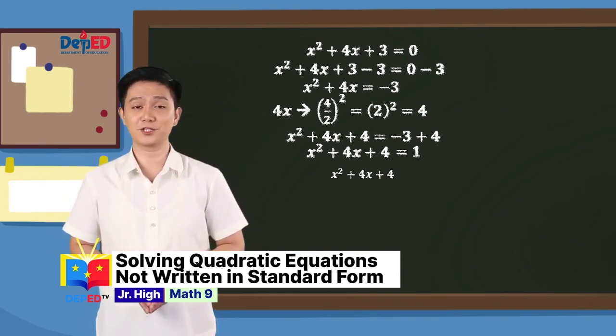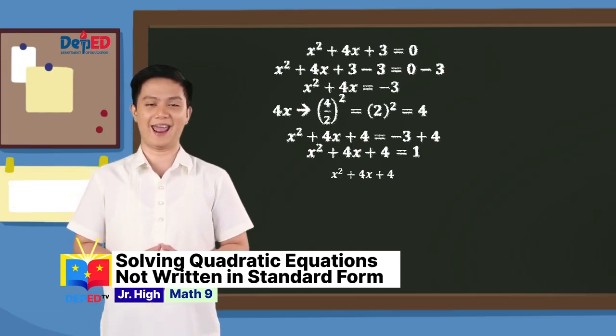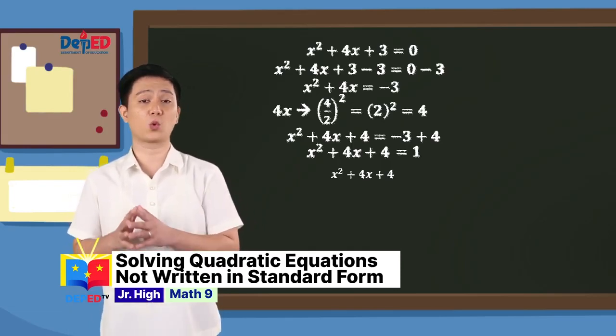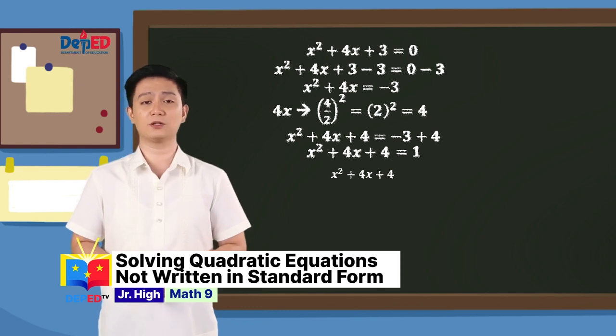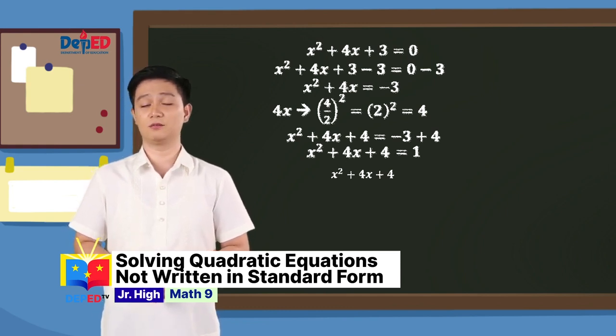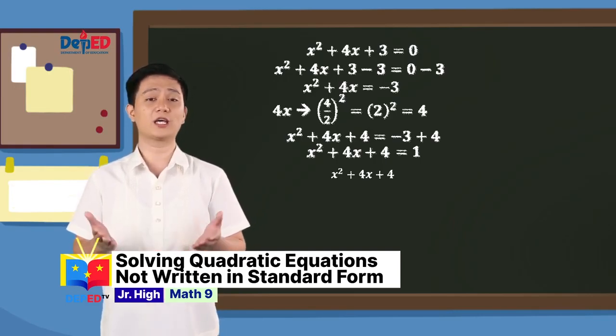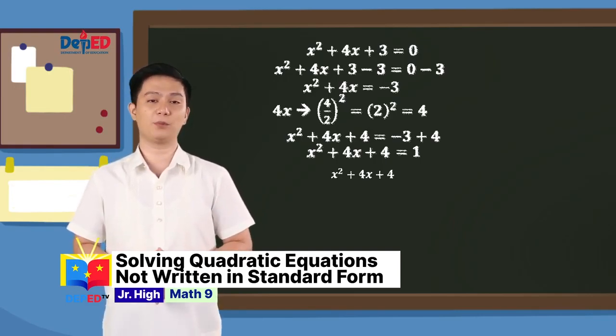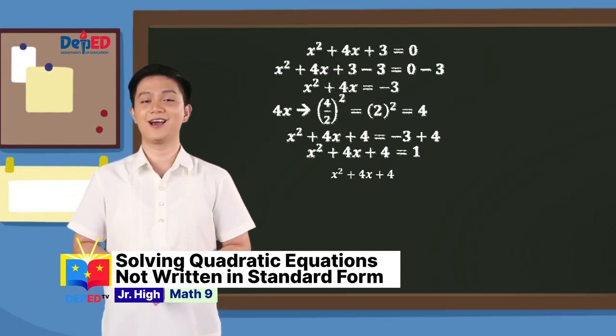So, the first term of the binomial is x. Next, we get the square root of 4. Its principal root is 2. So, the constant term in the binomial should contain 2. And then, we copy the sign of the middle term in the perfect square trinomial. Hence, the constant term in the binomial is positive 2.